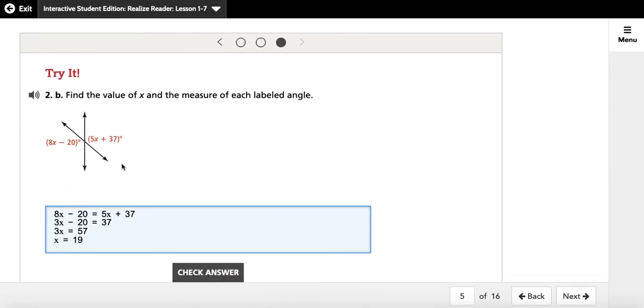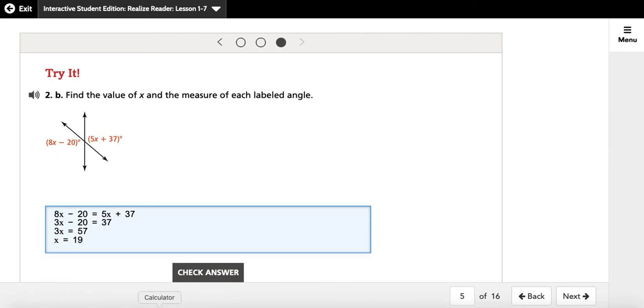Now that I know x is 19, I can plug in to find out the angles. 19, not as easy as 20. Let me plug in 20 though. If I plug in 20, 20 times 8 is 160, and then I can just subtract 116. Yeah, I'm not that good at math.